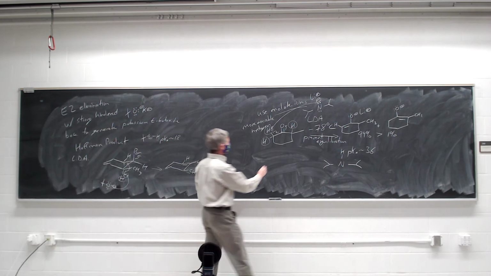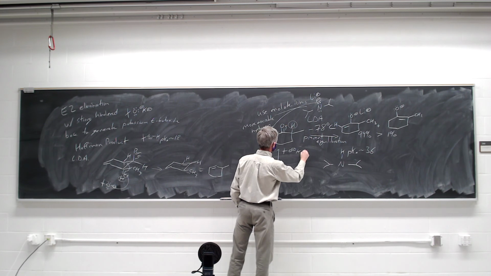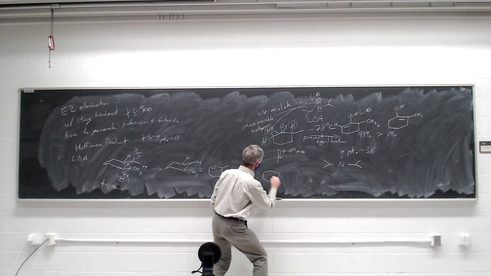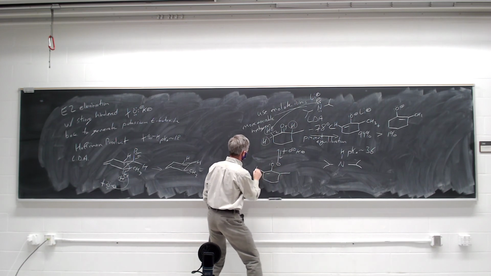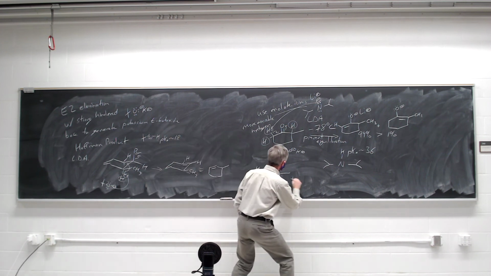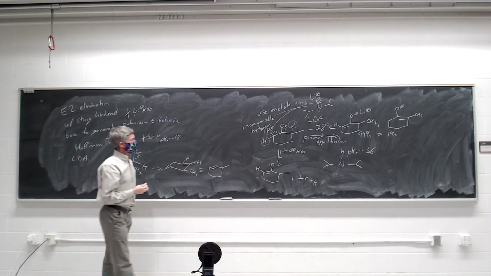So if you were to do this same reaction with potassium tert-butoxide, it would certainly generate this enolate initially, and butanol. But what would the equilibrium constant be for that reaction?